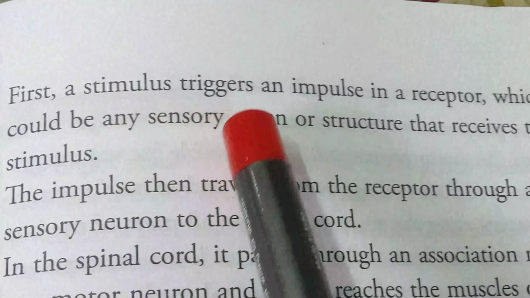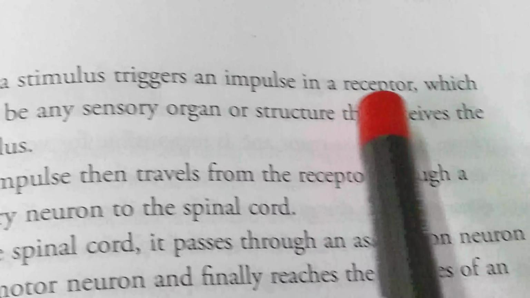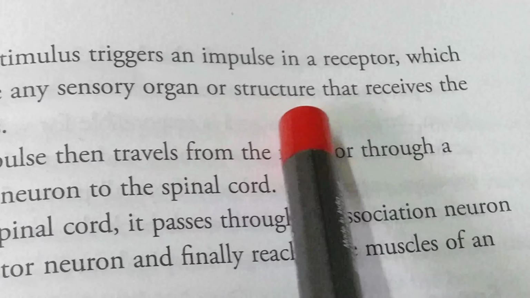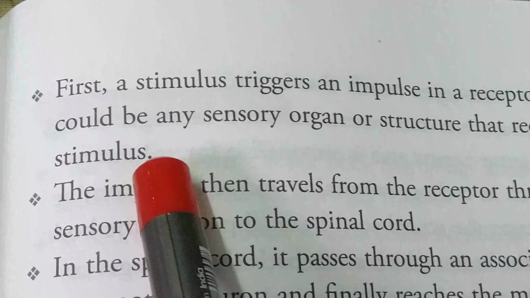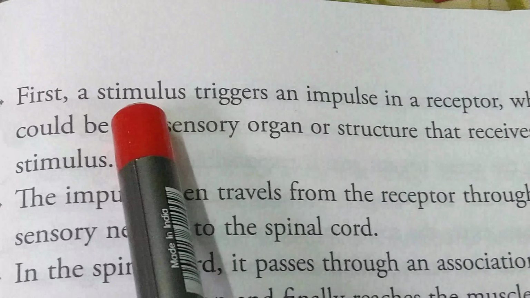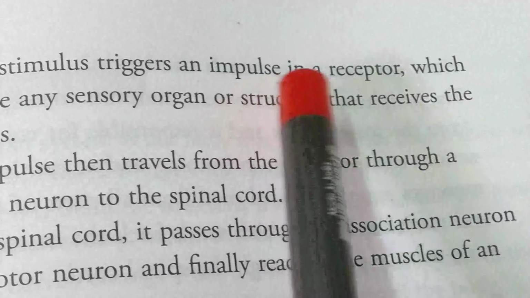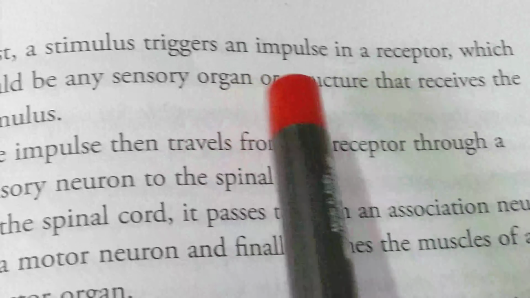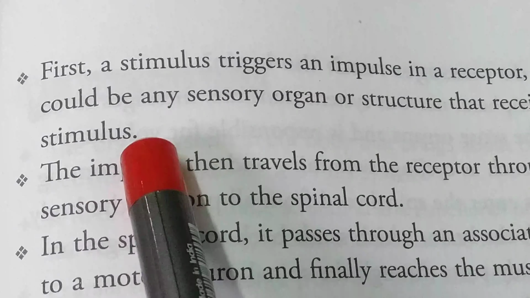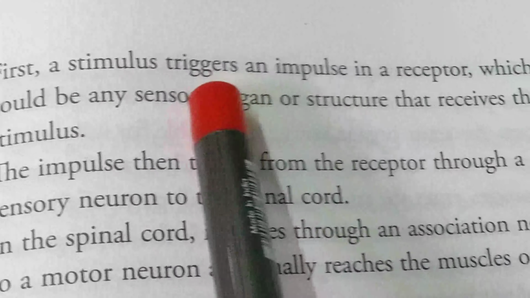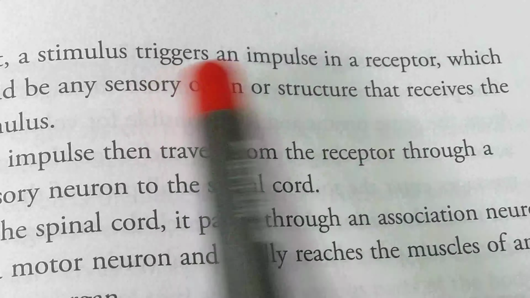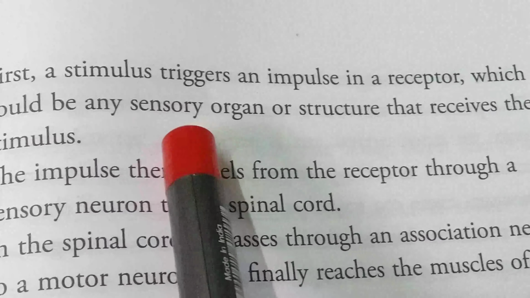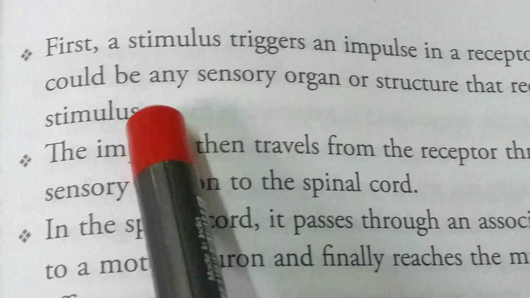First, a stimulus triggers an impulse in a receptor, which could be any sensory organ or structure that receives the stimulus. Normally a stimulus triggers and creates an impulse inside the receptor.